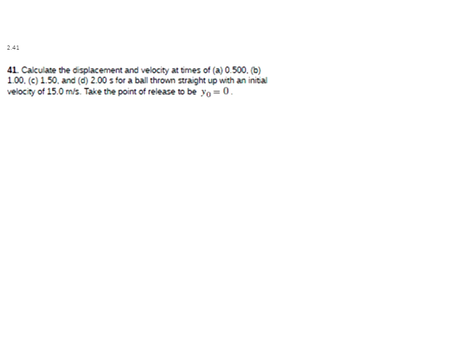So let's go over, for sure, one sample problem. I'm going to do two parts of this problem here. Calculate the displacement and velocity at times 0.5 seconds and these other two, and then 2 seconds for a ball thrown straight up with initial velocity of 15 meters per second.